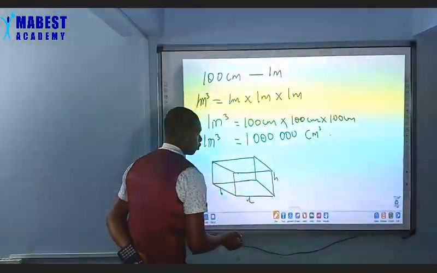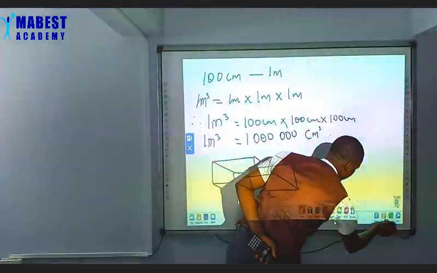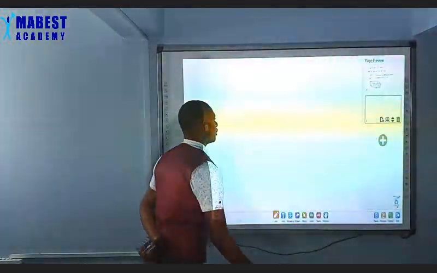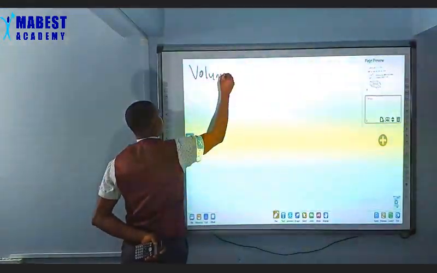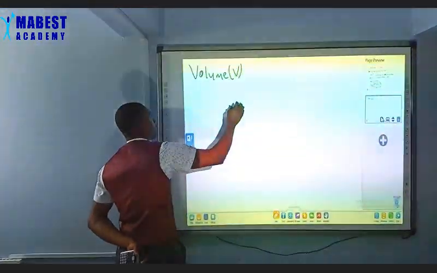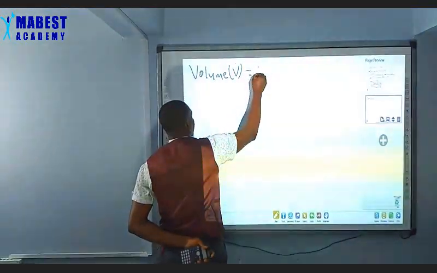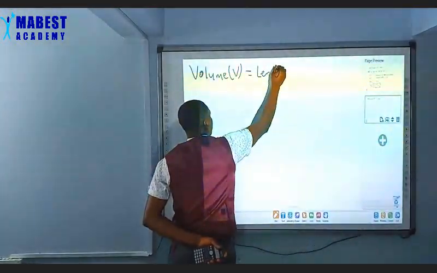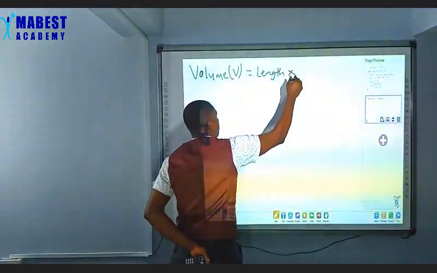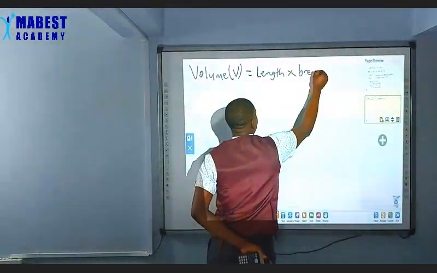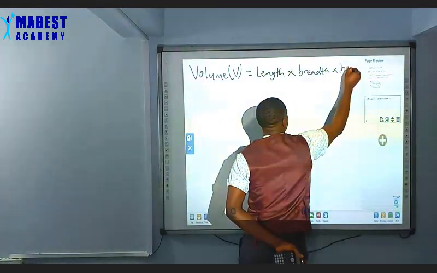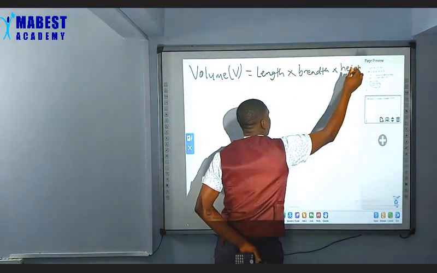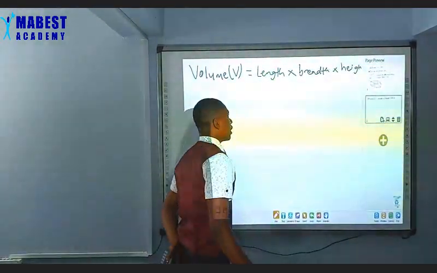Let's go to another slide. It means that the volume V of a cuboid will be equal to the length multiplied by the breadth multiplied by the height.